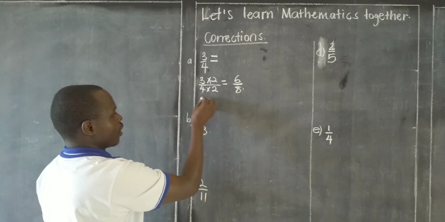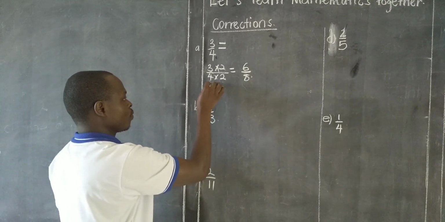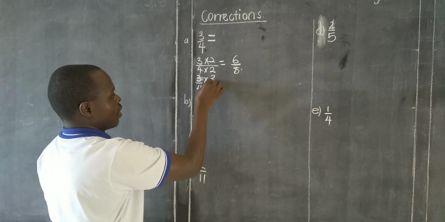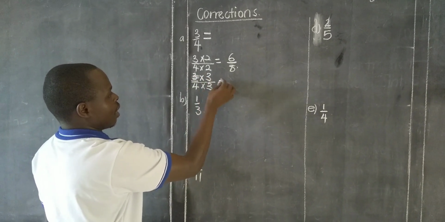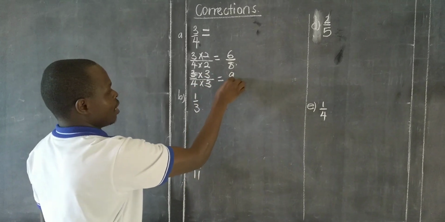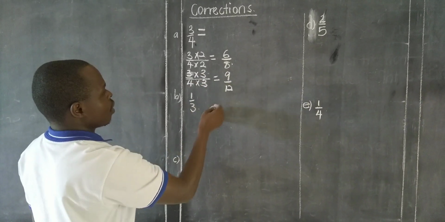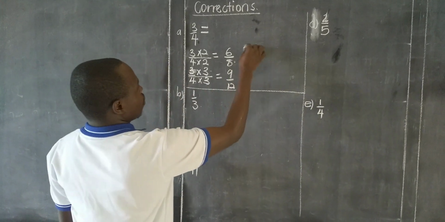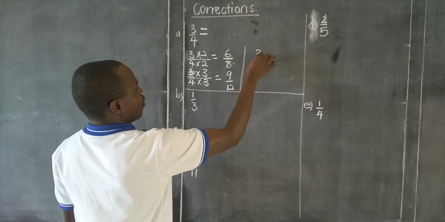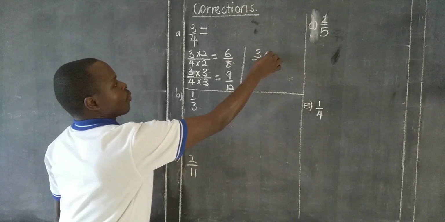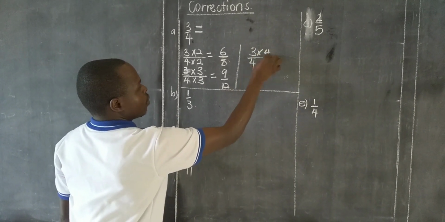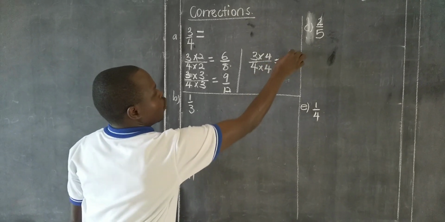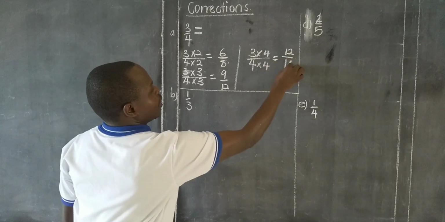The next equivalent fraction will be 3 out of 4 multiplied by 3, and this will give us 9 out of 12. And then the next equivalent fraction will be 3 out of 4 times 4, and this will give us 12 out of 16.